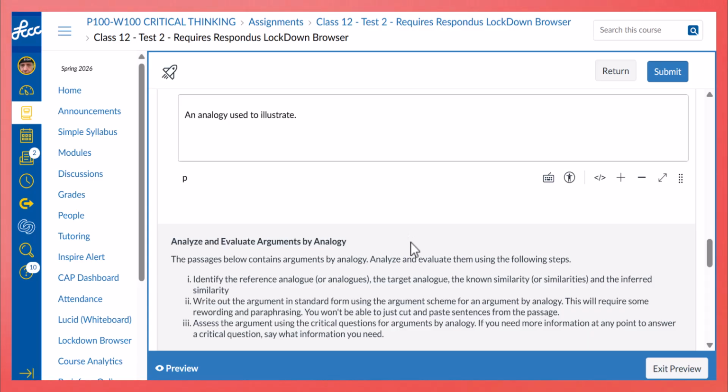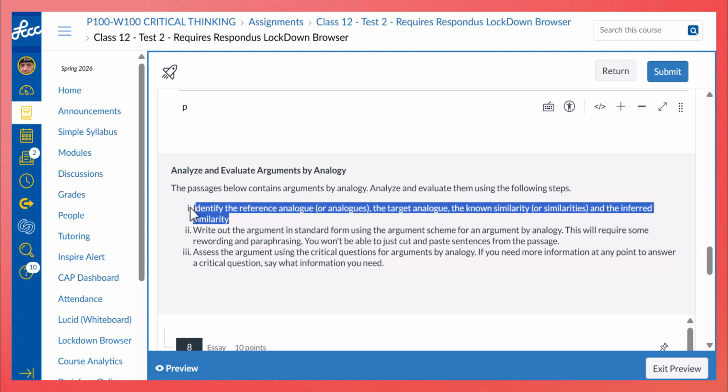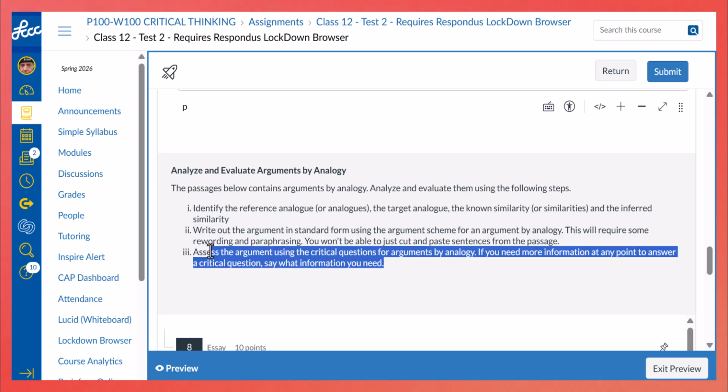The last three questions are passage-based questions where you analyze and evaluate an argument by analogy. So you need to identify the parts of it for number one. You need to write out the argument in standard form for number two. And then you need to use the critical questions for an argument by analogy for part three.